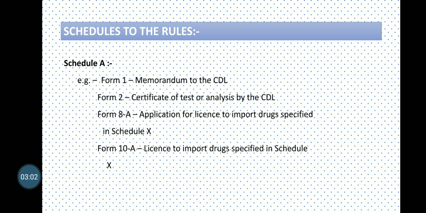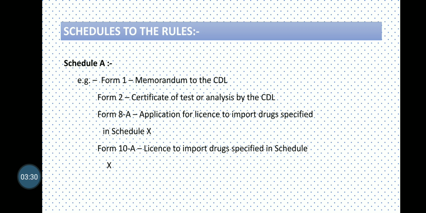For example, in future, if you have to start a retail license for a retail business, you have to make an application to the FDA office, correct? When you are making an application to the FDA office, which form will you use? What should be the format of application? After making an application, the FDA office will issue a license. What specifications should be specified in that license?